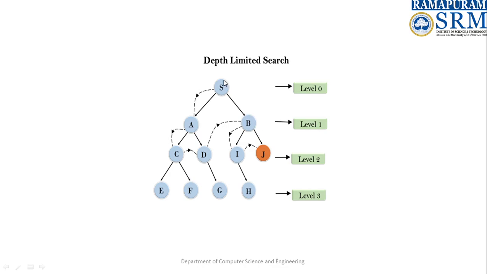From the root node, you will traverse till the 8th level and come to the right hand side, but you will not reach the goal state at all, because your goal state is present in the 10th level. So it becomes incomplete.